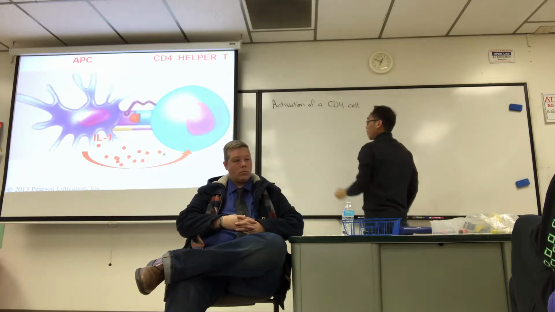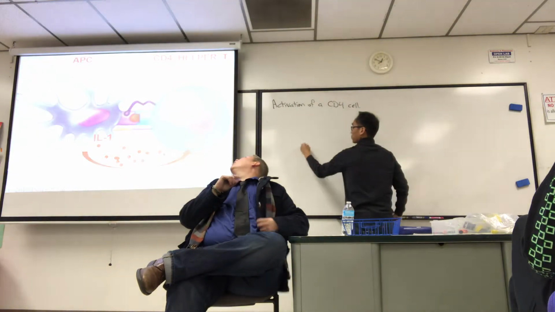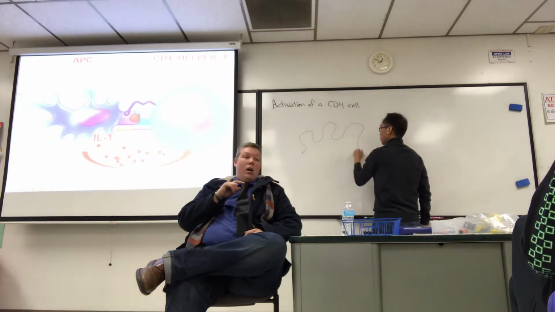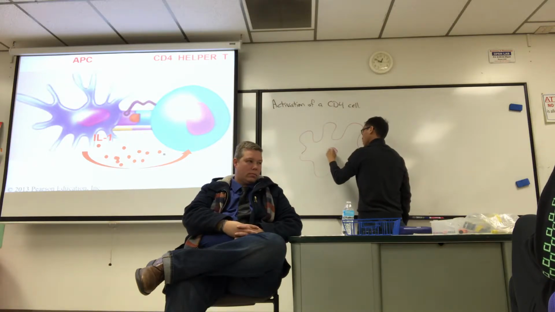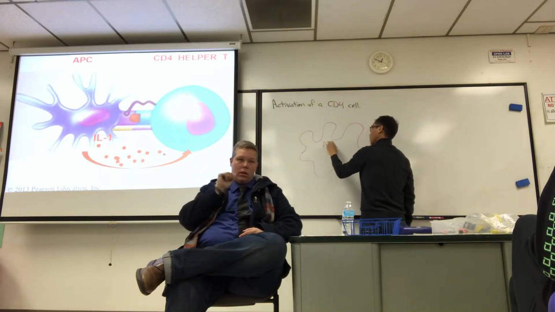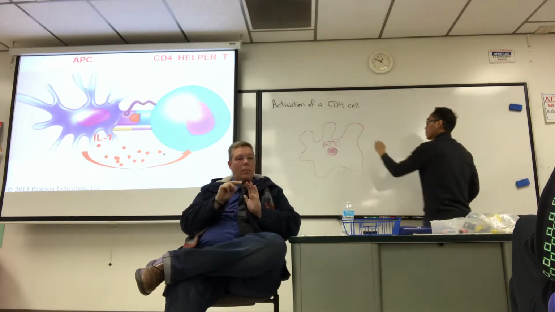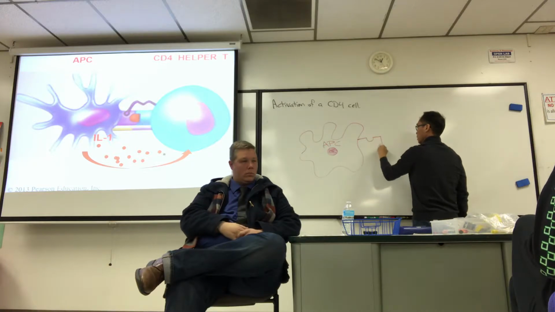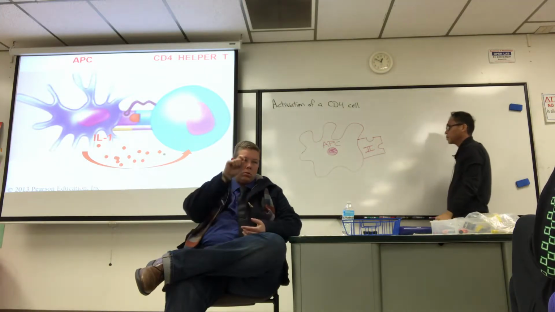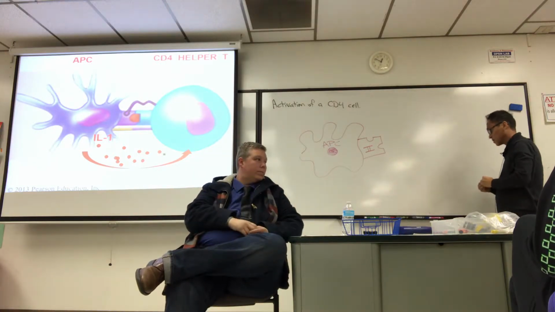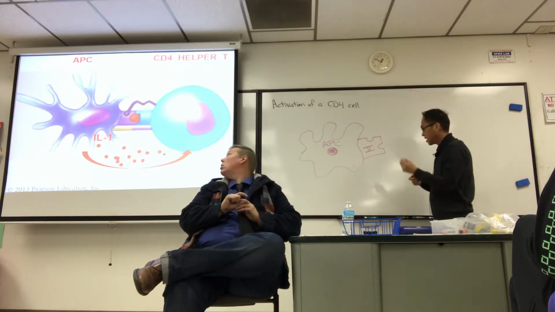So what they show here on the left, that's the APC. It's presenting MHC class 2. I'll just put a Roman numeral 2 for MHC class 2. And it's presenting a piece of the phagocytized antigen.